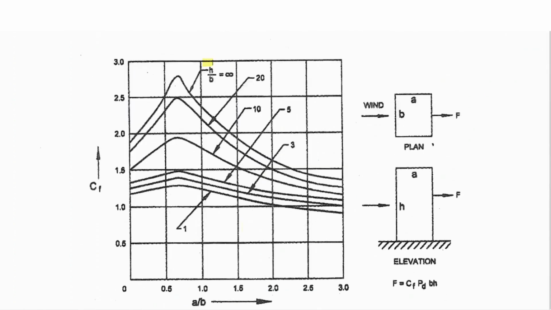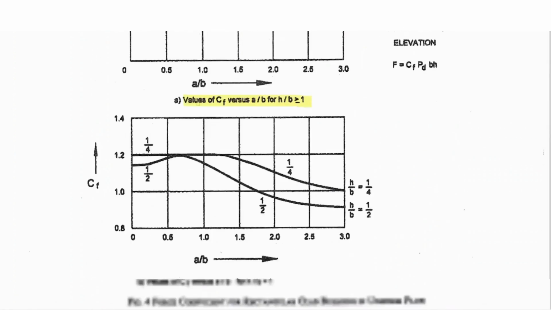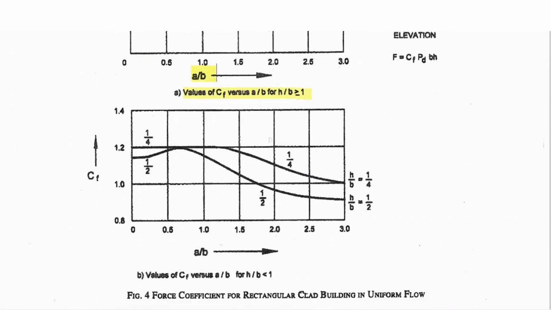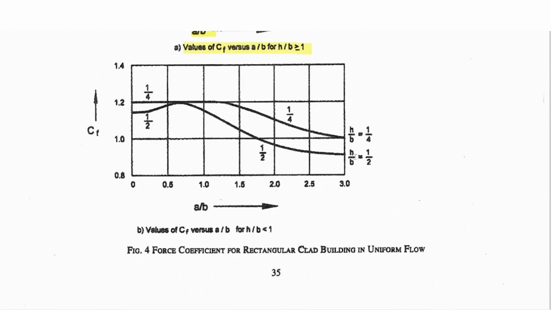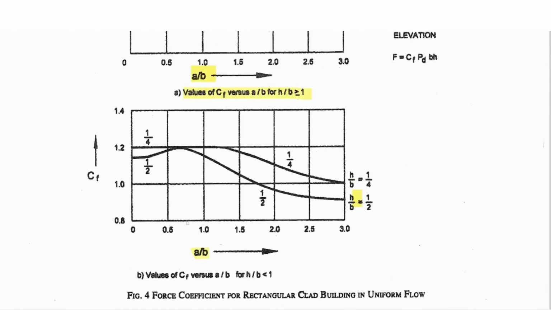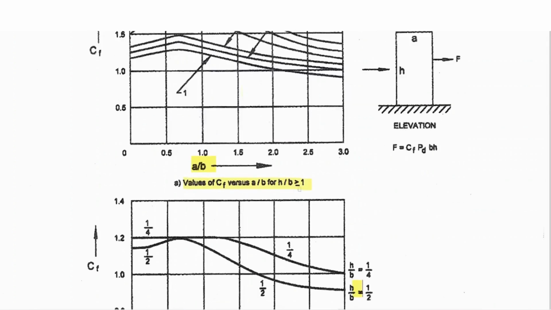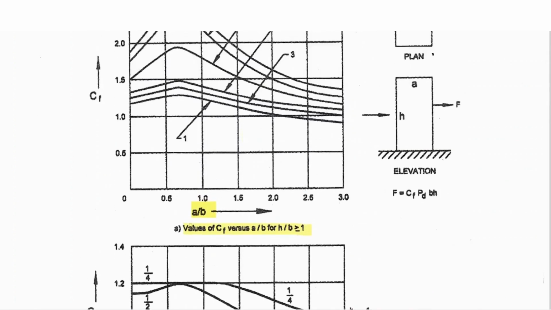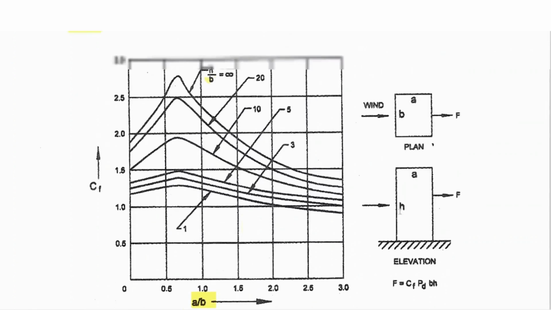So this is your H by B, and in the X direction it is your A by B. Similarly, this is your A by B, H by B, and A by B. These two figures, B, are used when H by B is less than 1, and if H by B is greater than 1, then we are going to refer to figure A. So if wind is moving in the X direction, then B will be this, and A will be this.